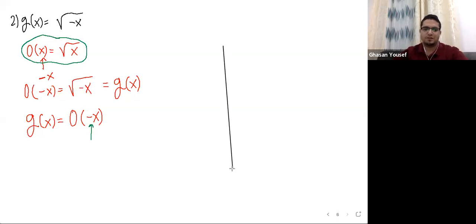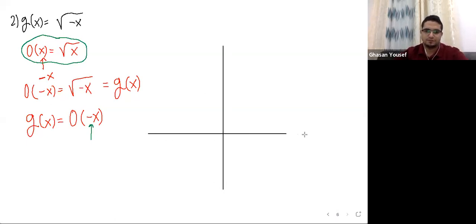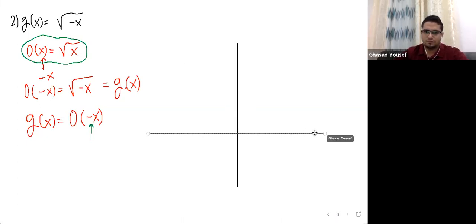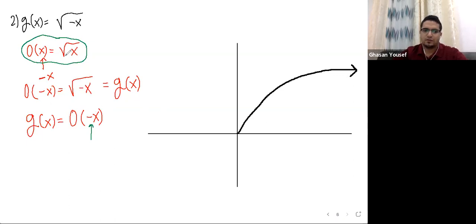So this is my function, f of x. This is the square root of x. Now we have to reflect the square root of x around the y-axis.